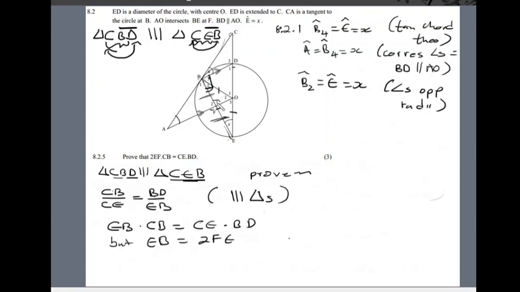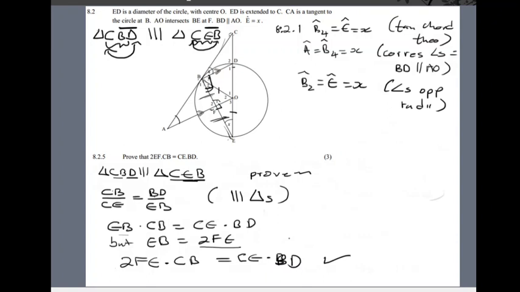Since F is the midpoint of that line. Okay, so now substituting 2FE for EB from our previous equation, we'll have 2FE times CB is equal to CE times BD. Now we have proven it, and then we are done.